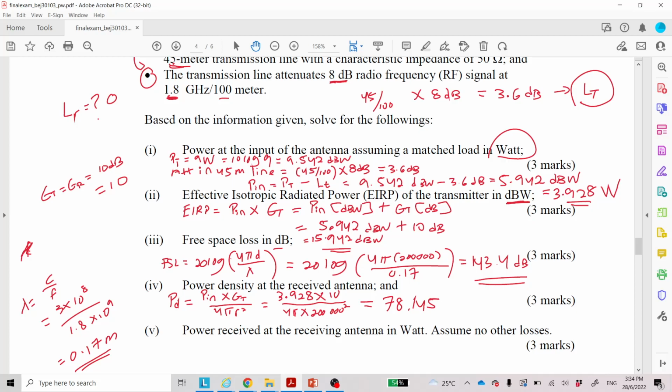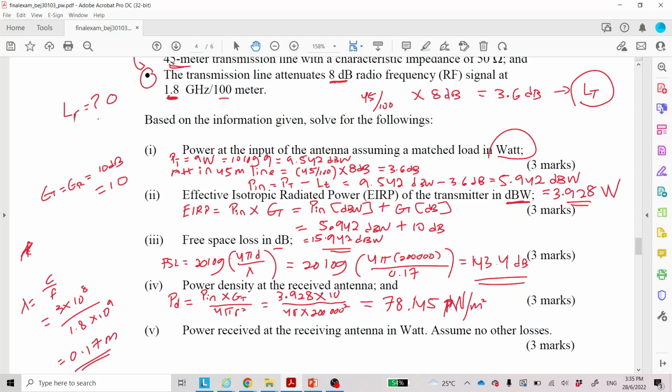So you're going to get the answer 78.145 picowatt per meter square. Pico means times 10 to the power of minus 12.